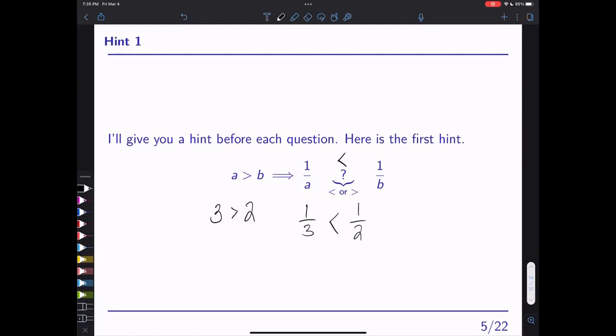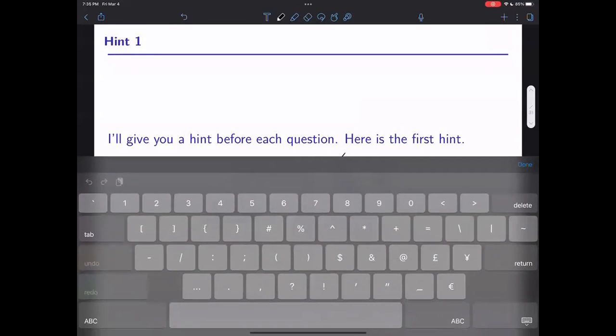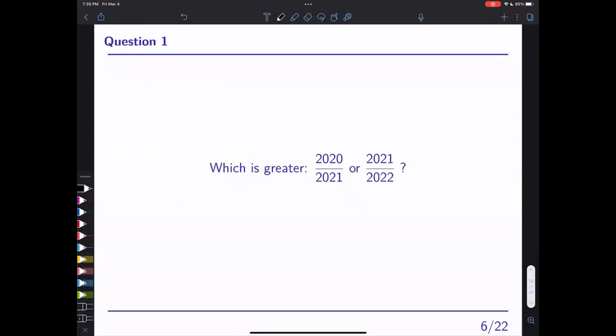So this is our hint. First challenge problem begins. That was anticlimactic. There we go. So, you're going to tell me which is greater, and you're going to have to justify it. I see a couple quick answers already. Very good, but take your time.